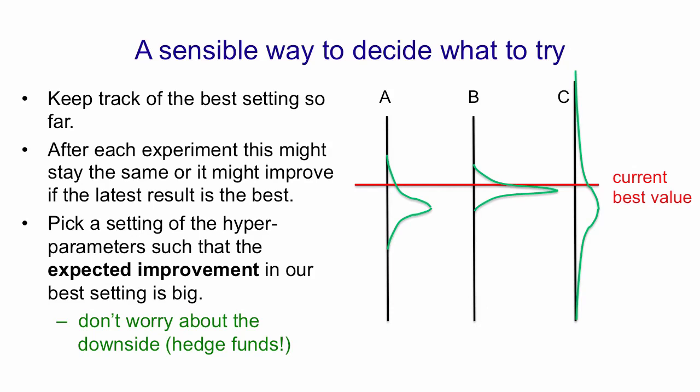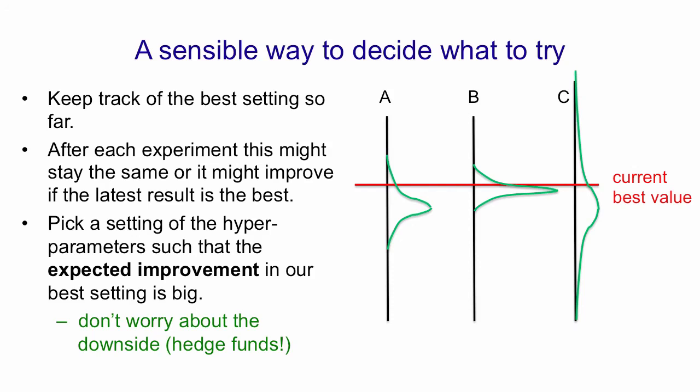So consider these three predictions, A, B and C. We're going to suppose that A, B and C are different settings of the hyperparameters that have not yet been tried, and those green Gaussians are the predictions of our Gaussian process model for how well each of those settings would do. For setting A, the mean is well below our current best so far, and there's only moderate variance.